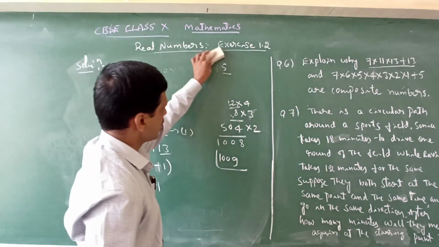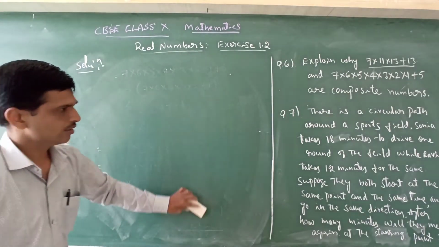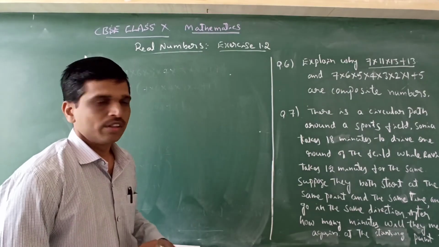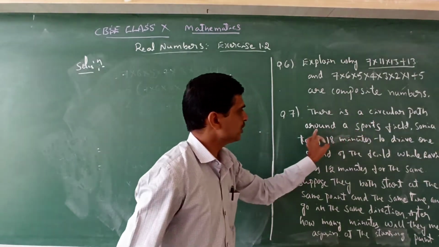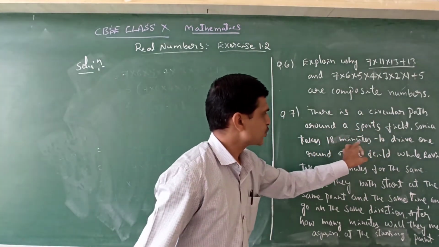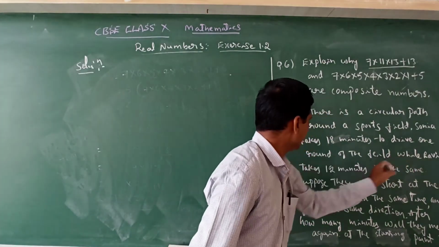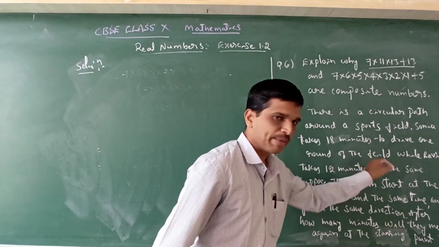The next and the last question in exercise 1.2. There is a circular path around a sports field. Sonia takes 18 minutes to drive one round of the field, while Ravi takes 12 minutes for the same.